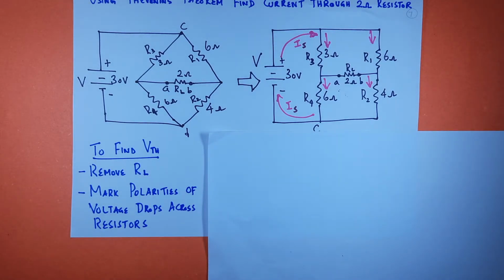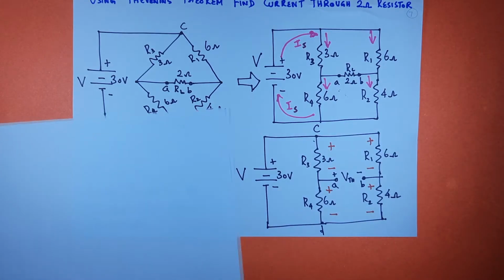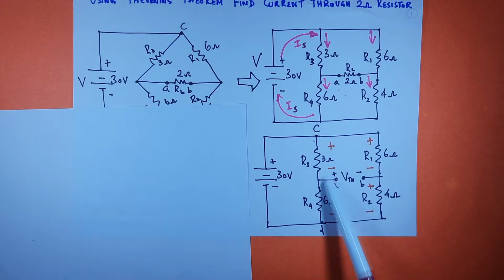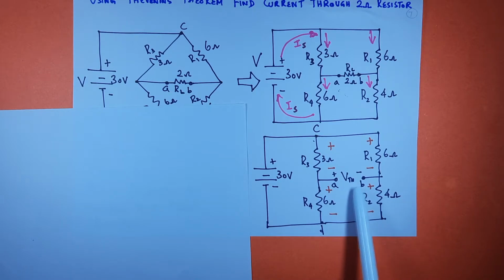Next, we will find VThevenin, as we have seen in the last problem. Remove RL. First, remove the load resistor, and you can mark polarities of voltage drops across resistors. So RL is removed. Across this open circuit, that voltage is the Thevenin voltage, VThevenin.